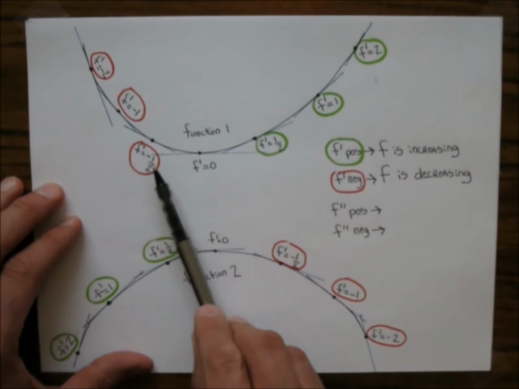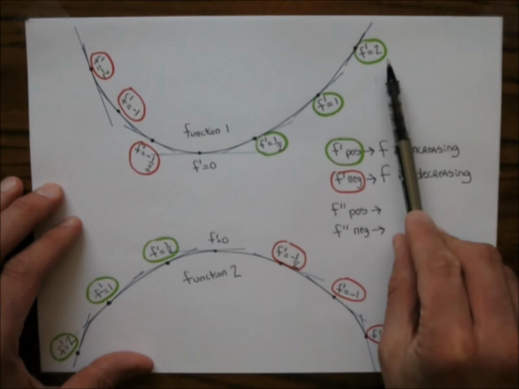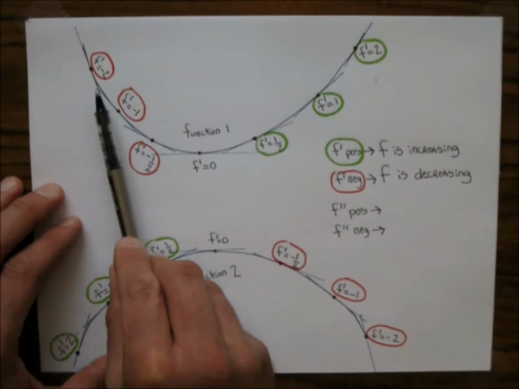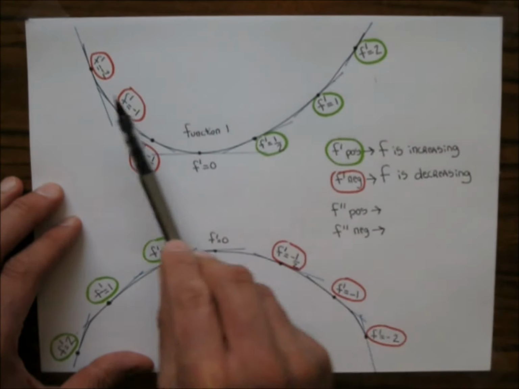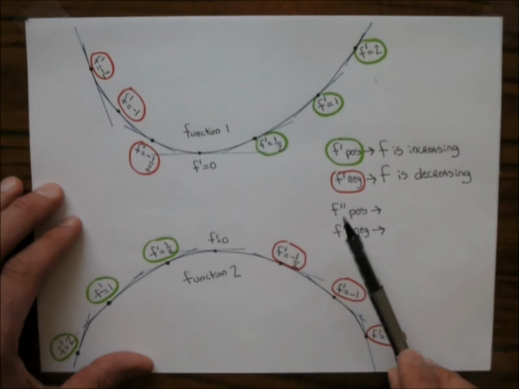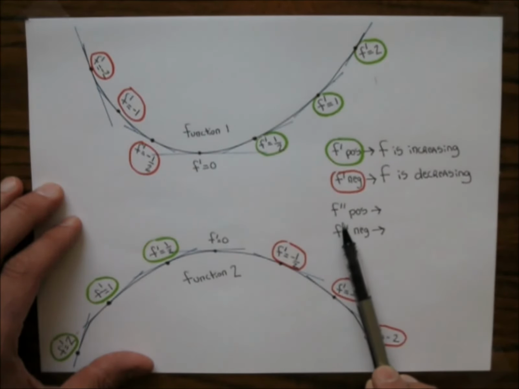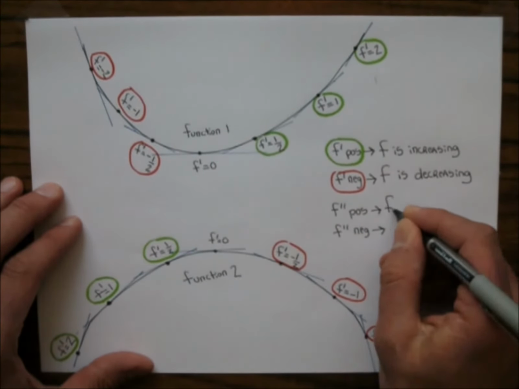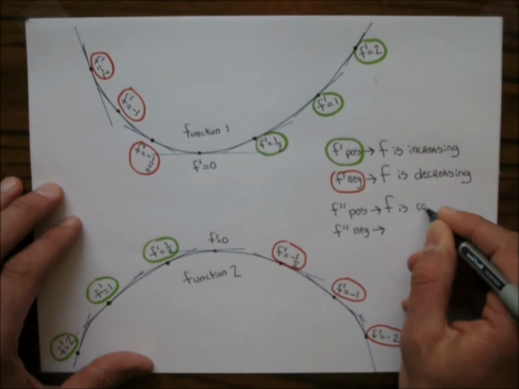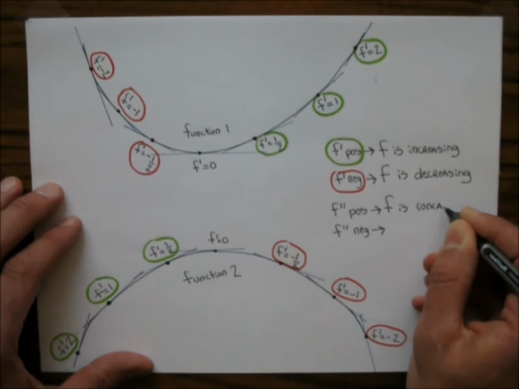So for this top function, the rate of change of the slope is positive because it's increasing. Do you see how the slope is increasing as I move along this function? So when the rate of change of the slope, which is f double prime, is positive, then f is concave up.